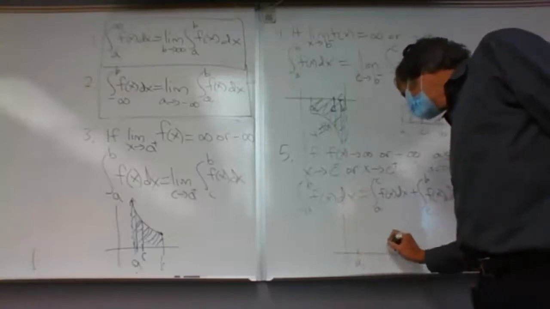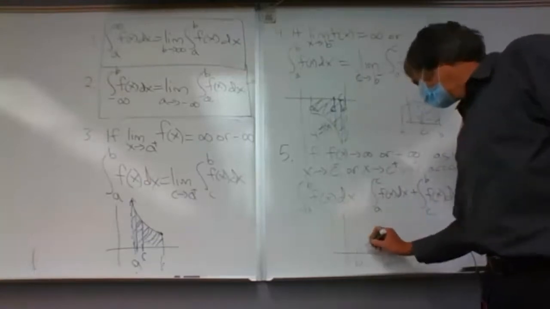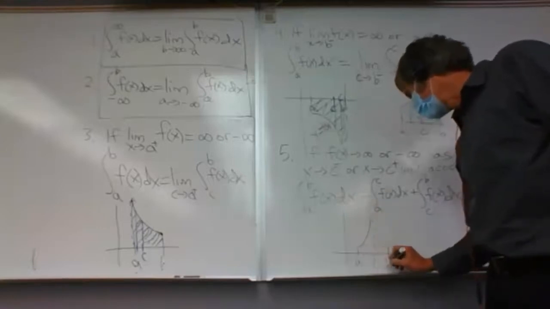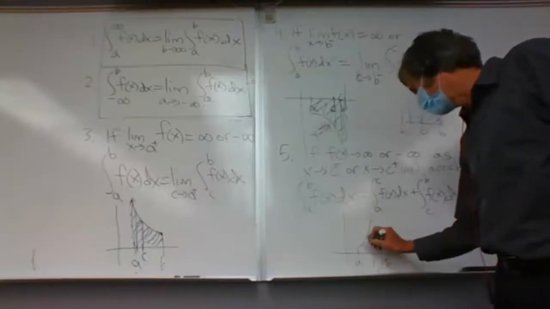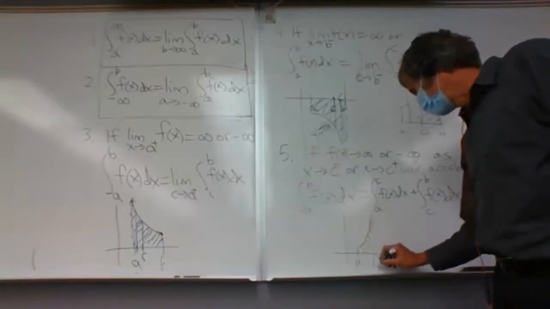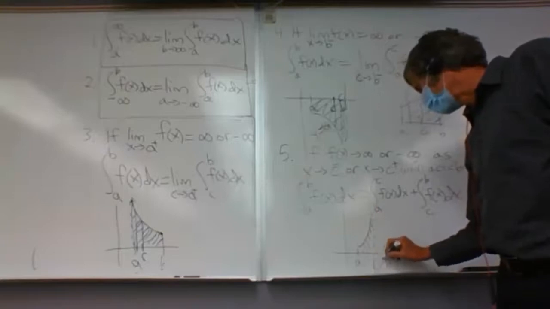You want to integrate from a to b, and maybe it goes up to plus infinity here, huh? Maybe it goes down to minus infinity here. So the integral is going to get this area, and then plus minus this area, right?